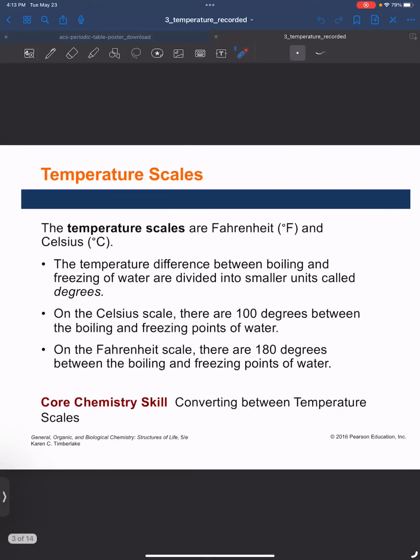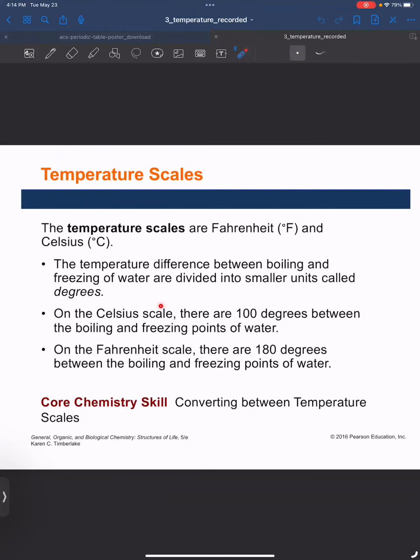The temperature scales are Fahrenheit, which will represent degrees Fahrenheit, and Celsius, degrees Celsius. The temperature difference between boiling and freezing of water is divided into smaller units, and that's called degrees. And that's what we represent with that small circle there.